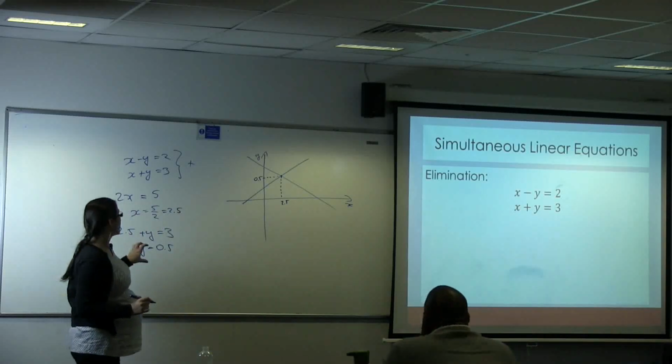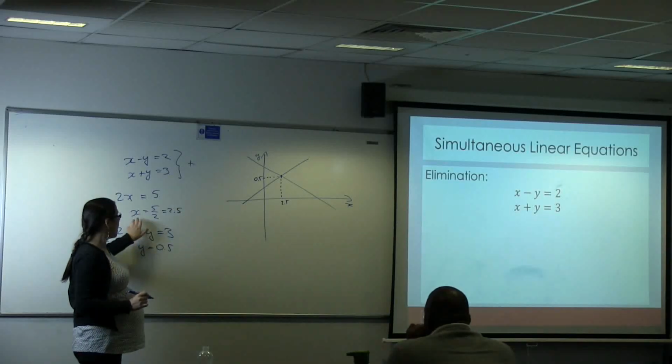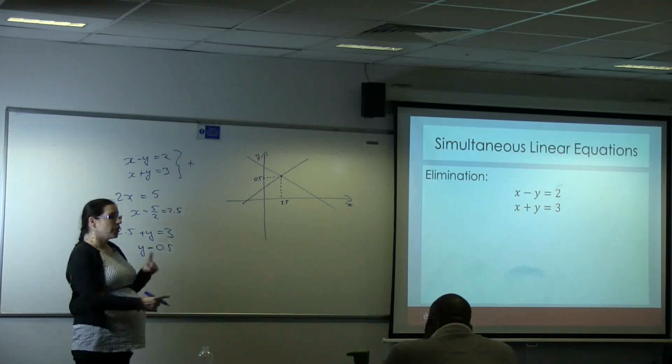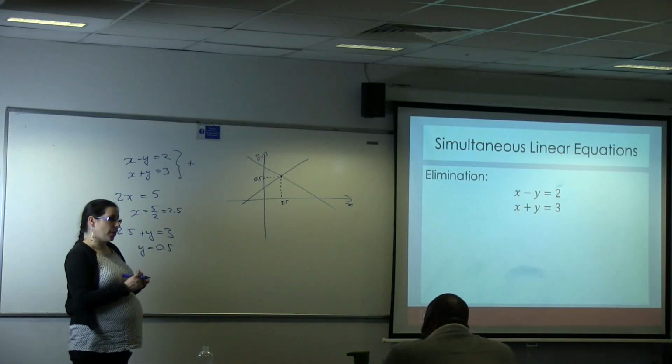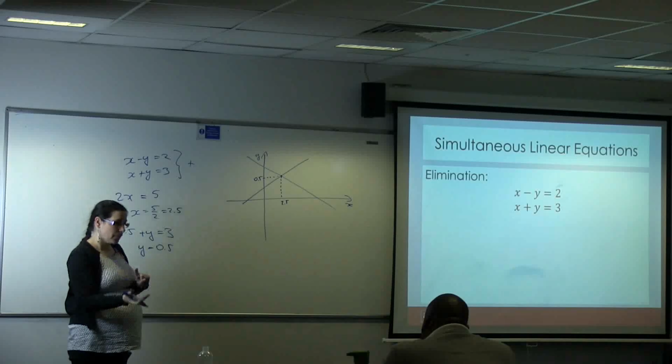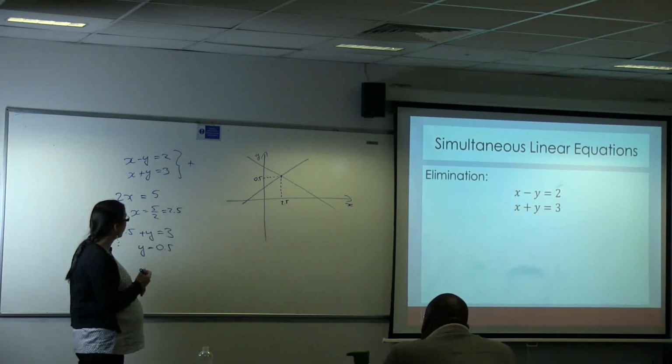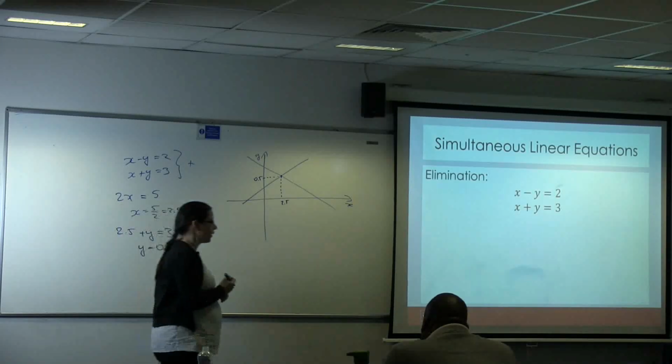So this is what it means by solving the equation. I can identify the coordinates, both the x and y, of the intersection of the two equations, drawn as functions. Okay? Now that's the elimination method.